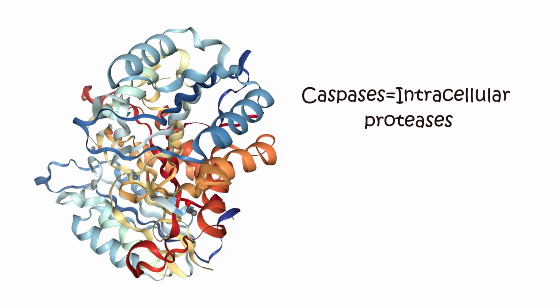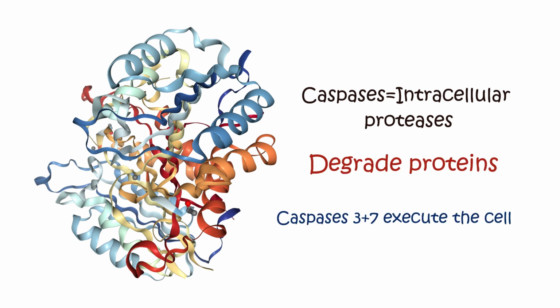The key players in this mechanism are the caspases, which are the intracellular proteases. Proteases meaning that they degrade proteins. And 3 and 7 are the main intracellular executioners, you could say, or garbage disposal enzymes.